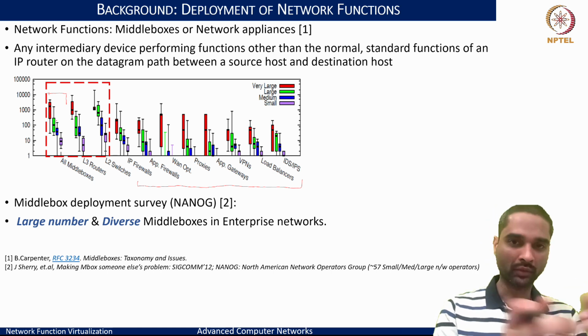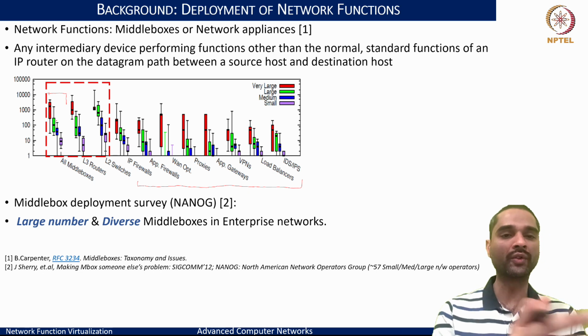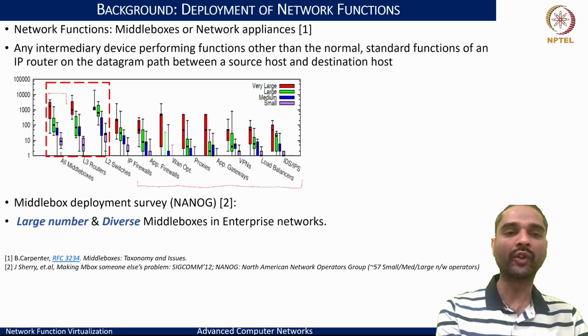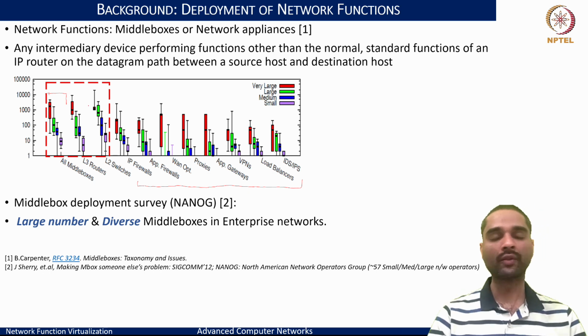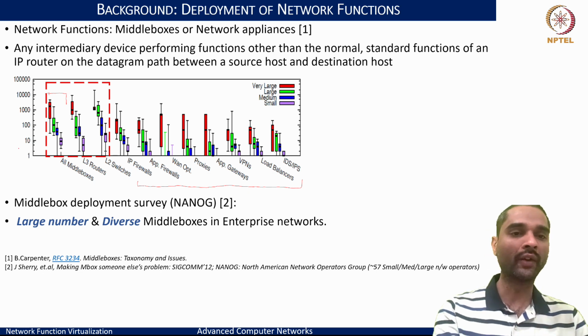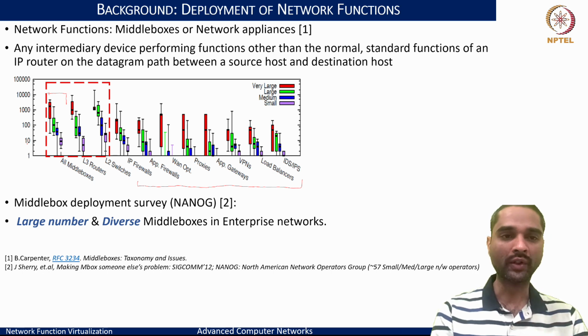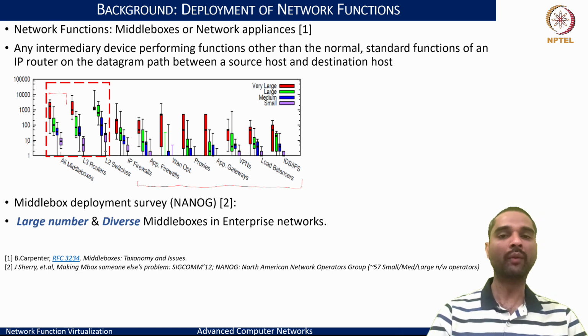But as the internet connections grow, as the network scales up, we still see that the number of middle boxes that are deployed, that's the red box plot or the green or blue one, compared to the L3 and L2 devices, their numbers seem to be on the same lines. Note that this y-axis is on a log scale. So we are talking about the number of devices in the orders of hundreds to thousands of middle boxes that are being deployed in the medium, large, and very large networks.